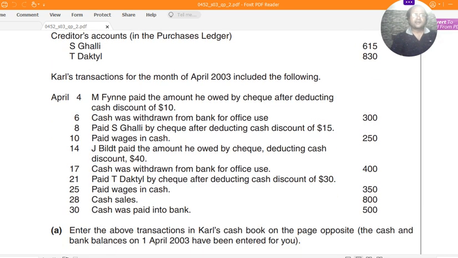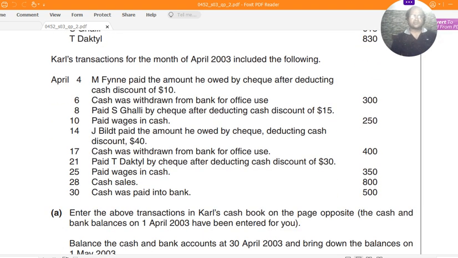And now Carl's transactions for the month of April include the following: F Flame paid the amount he owed by check after deducting cash discount of 10. So first of all, we have to see how much Flame paid to the business.